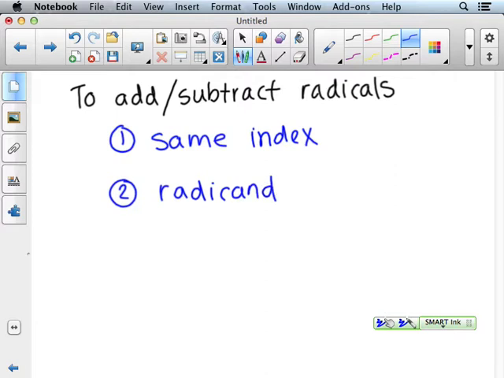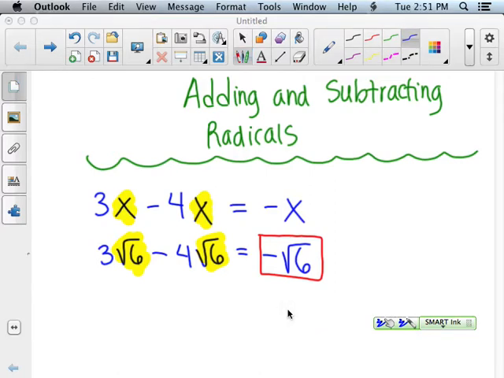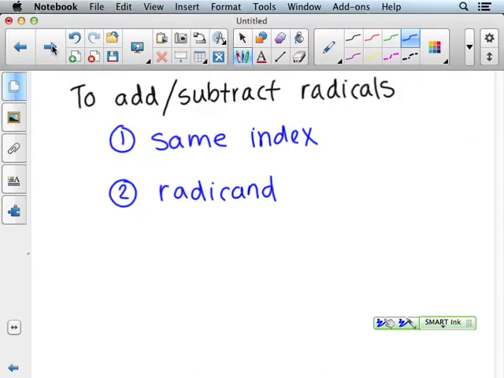Okay, same index and same radicand. That's like what we have here. Same index, your index is 2 because it's a square root, and the same radicand, your radicand is 6. So same index, same radicand. Okay, that's how you add and subtract radicals.